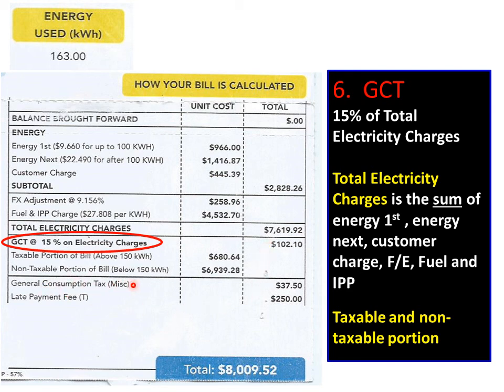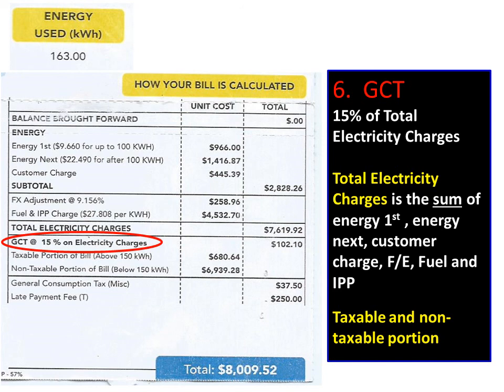And general consumption tax miscellaneous, they added their own taxes, and then of course this bill was paid late, so they added an additional charge, which is the late fee. All right, but don't worry about these additional charges. The main ones that you're going to be looking at are energy first, energy next, customer charge, F/E, fuel and IPP.